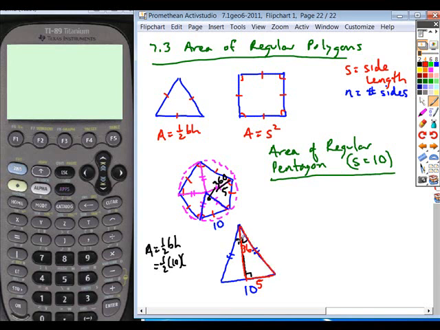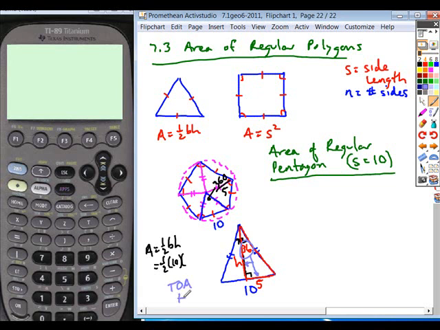Now when I want to find this height, this h value, I can do it using this right triangle. I have an angle of that triangle, an opposite side, and an adjacent side. What trig ratio relates opposite and adjacent? Josh? Tangent. Tangent.